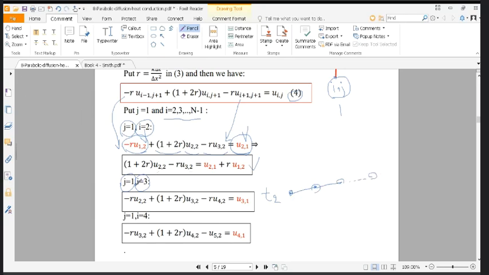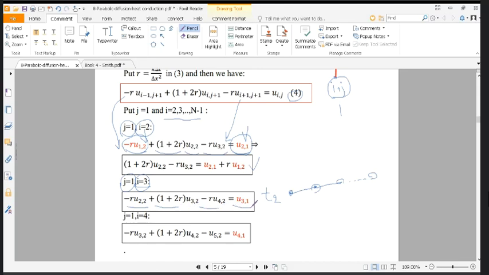For i equal 3, based on 4, we have minus r u2 and 2 plus 1 plus 2r u3 and 2 minus r u4 and 2 equal to u3 and 1.